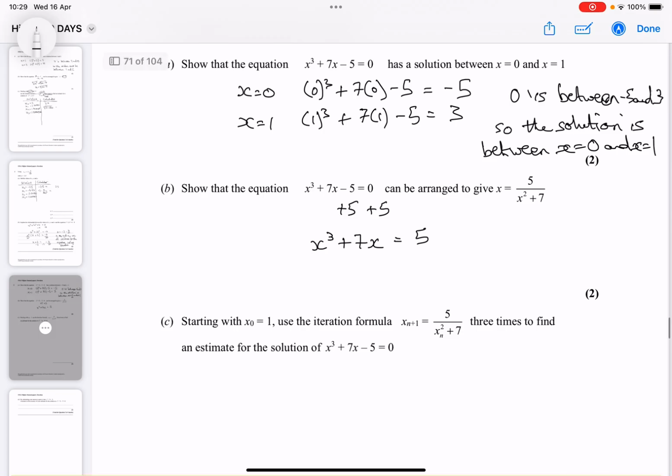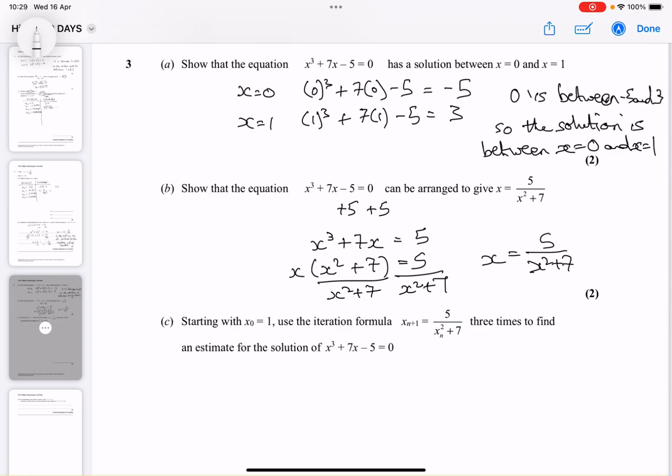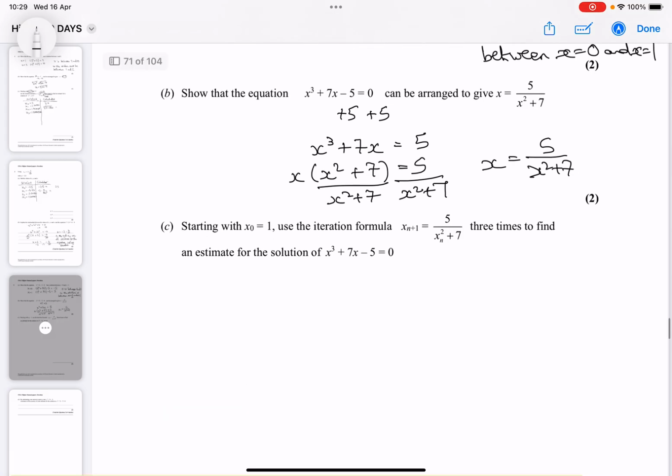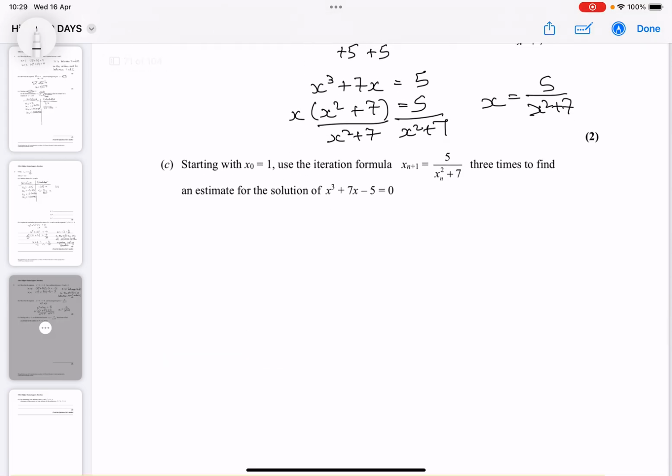On this one I'm going to factorise out by the x, leaving me with x times x squared plus 7 equals 5. Divide by the bracket. So x equals 5 over x squared plus 7. Just getting rid of that constant, that 5 will get you a mark. Starting with x0 equals 1, use the iteration formula.